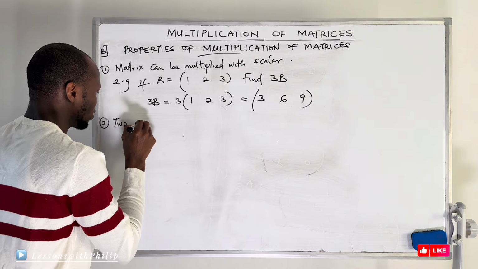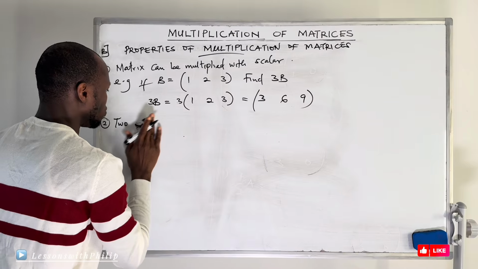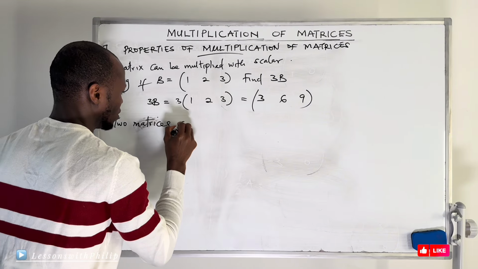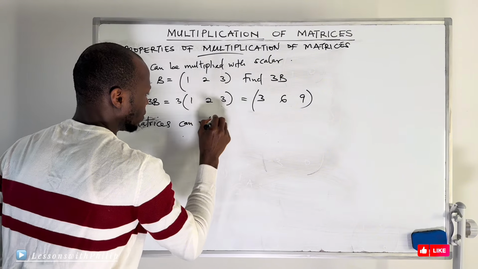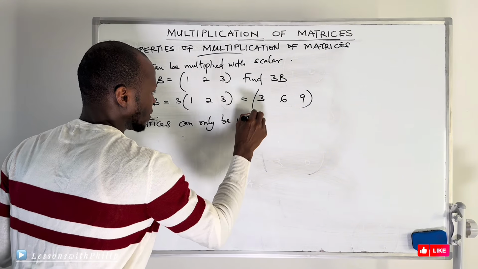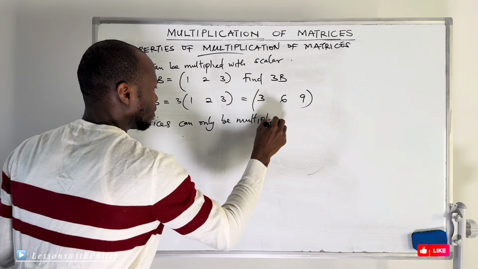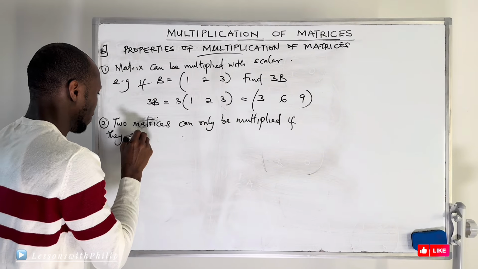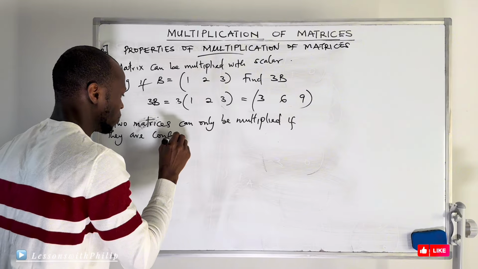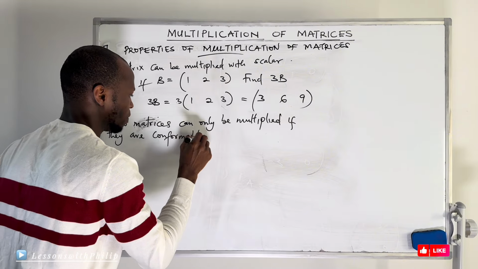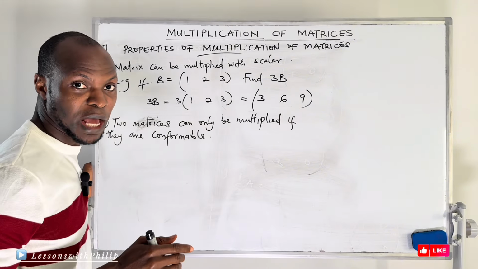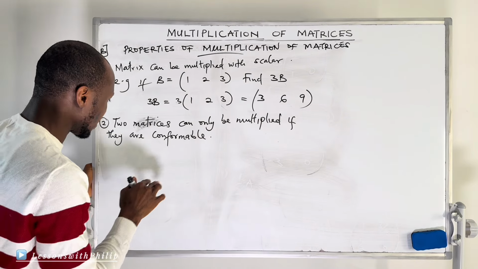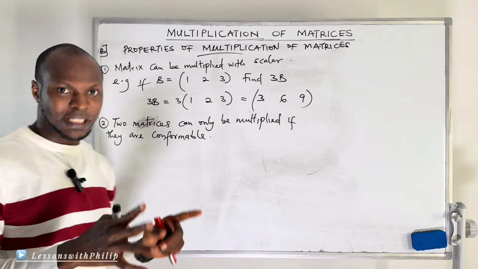Two matrices can only be multiplied if they are conformable. Okay? The matrices that multiply must be conformable matrices. Okay, let's explain what a conformable matrix is. We'll explain that.